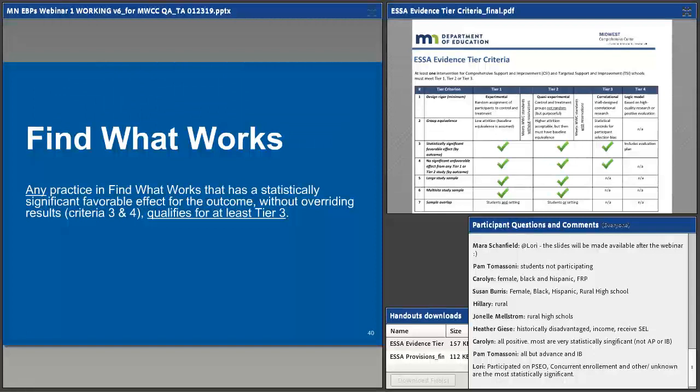That's because everything that's in the What Works Clearinghouse already meets the minimum requirements for criteria 1 and 2. So in the What Works database, you're going to be looking for some very specific things that can quickly tell you if a practice at least qualifies for Tier 3.